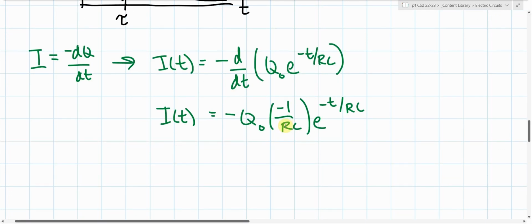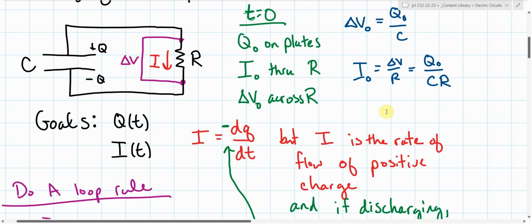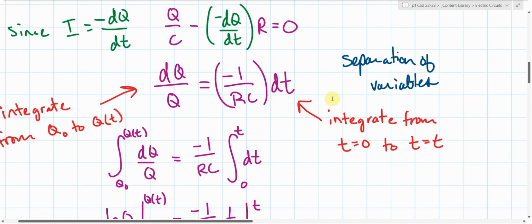Nice thing, the negatives cancel. So what I have is Q naught over RC times e to the negative t over RC, which, if you look way back up here, I had that Q naught over CR, same thing as RC, equals I naught.